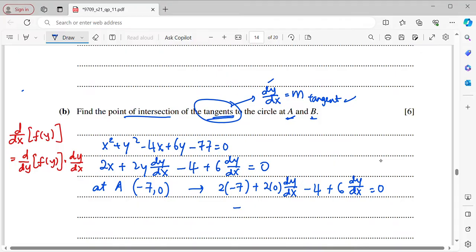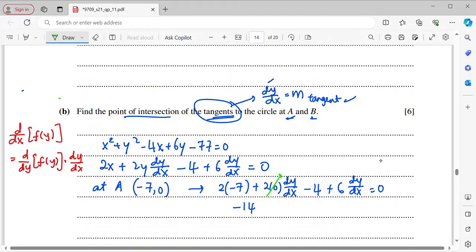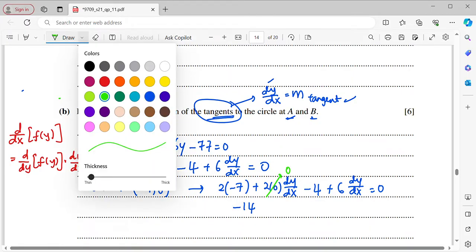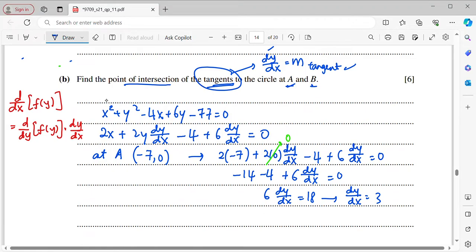So I will get negative 14. The second term will be 0, the third term you get minus 4, then the next term, just copy. From here I get 6 dy/dx equals 18. Therefore dy/dx is 18 over 6, which is 3. So this is our gradient of the tangent at point A.